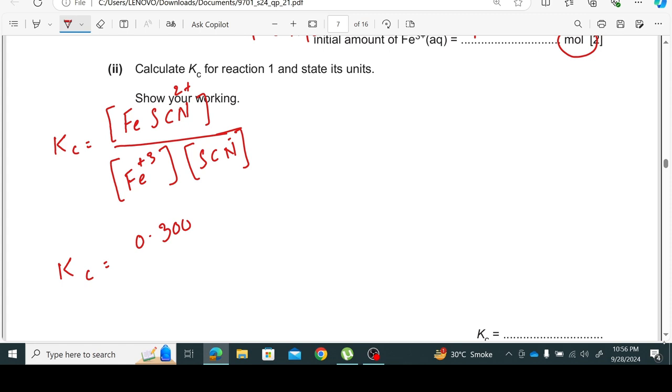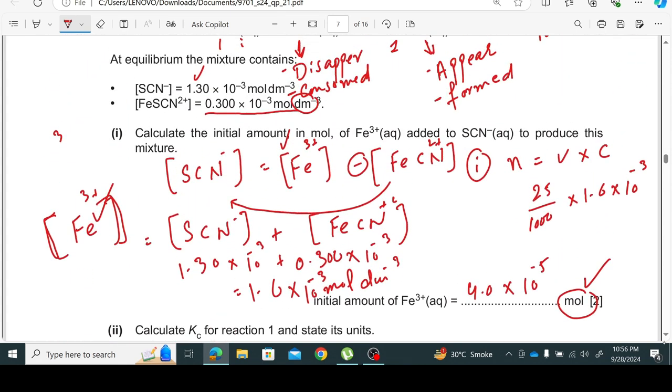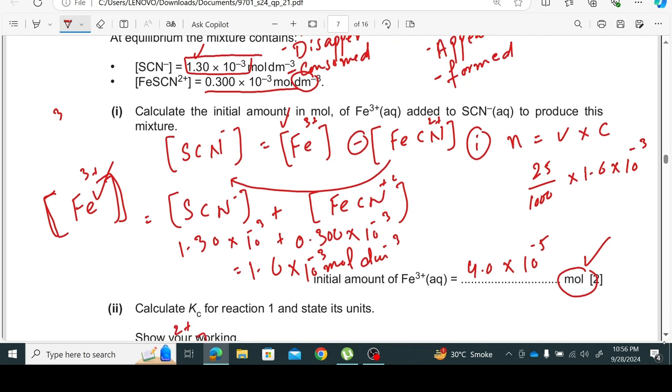0.300, okay, multiply with 10 to power minus 3 divided by, they are same Fe positive 3 SCN both have 1 ratio, okay. So if one has 1.3 into 10 to power minus 3, because it is given, you can see it here, this is 1.3 into 10 to the power minus 3, because the both molar ratio is 1:1.